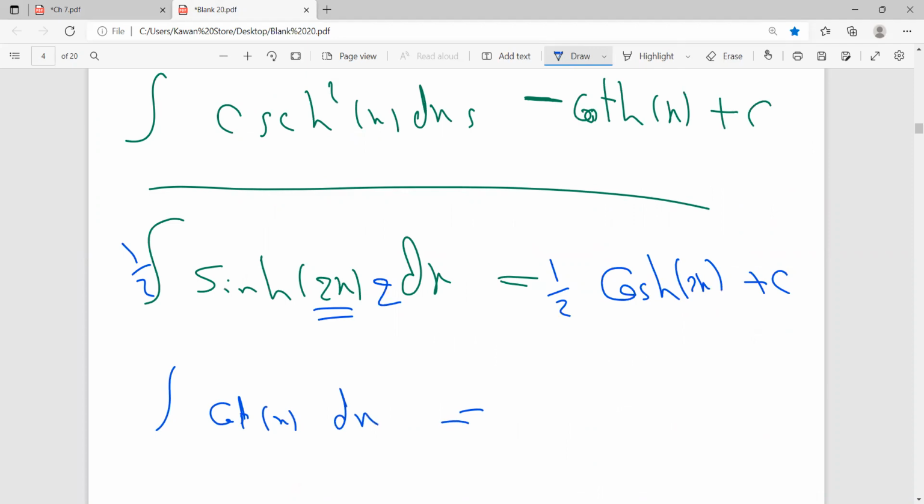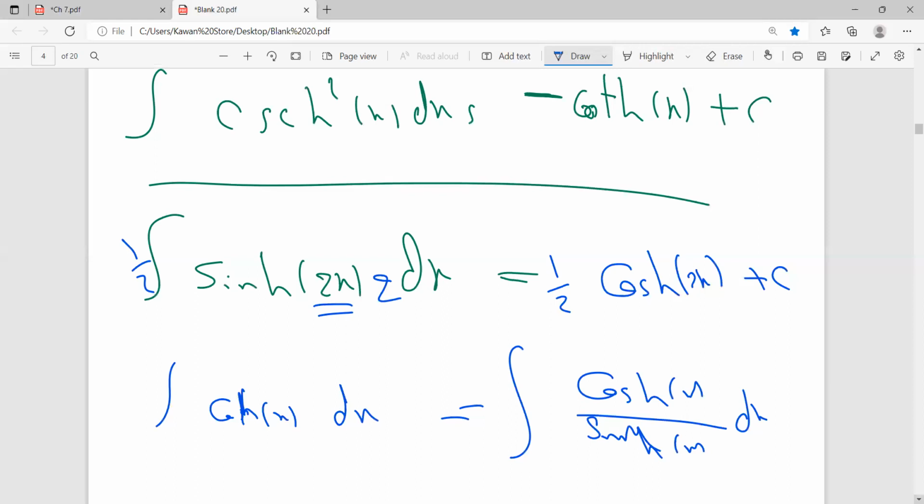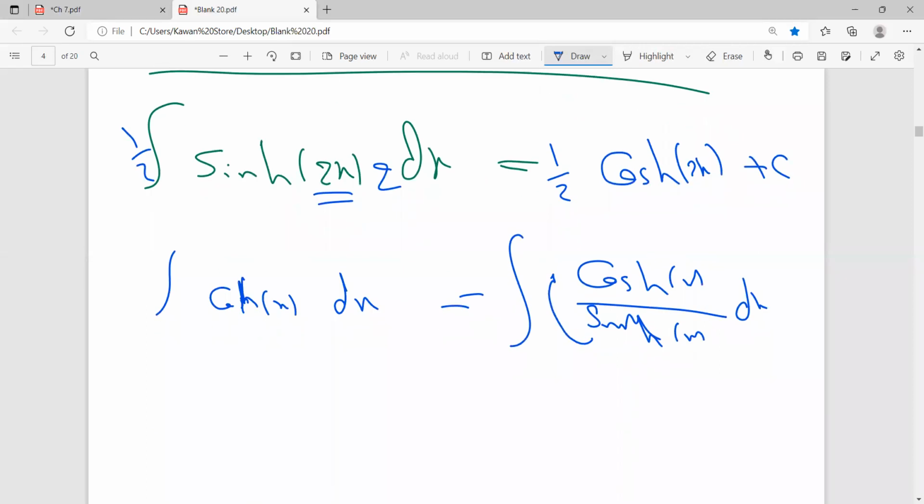So we change it to what? To sine over cosine or cosine over sine. The same thing is true here. If you have h, so we say cosh over sinh of x dx. The derivative exists here, because I'm going to use ln, right? ln of sinh of x plus c.